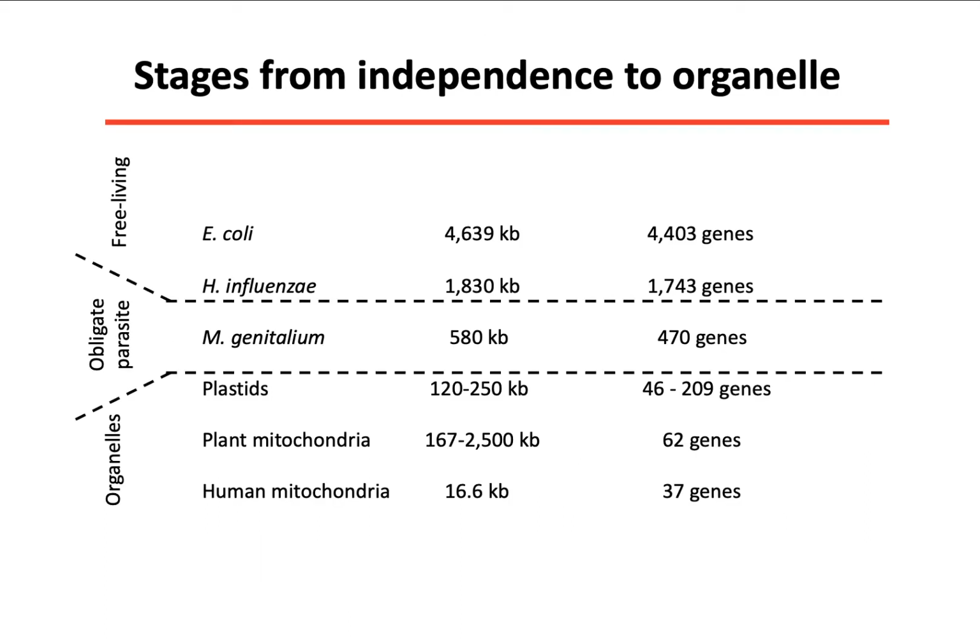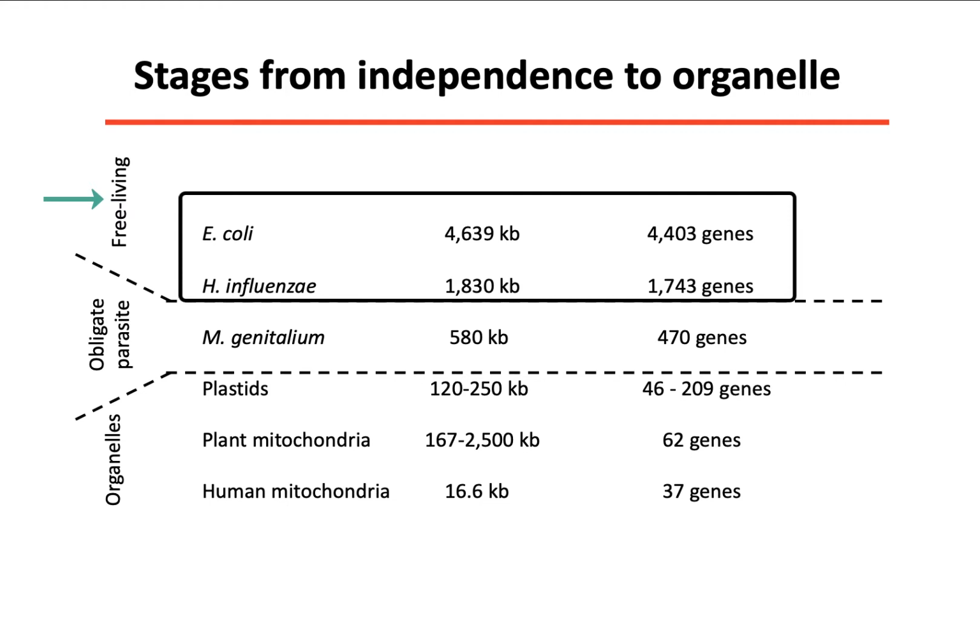So when genomes are examined, you can talk about free-living organisms such as E. coli and Haemophilus influenzae. They have fairly large genomes at 1.8 megabases and 4.7 megabases, and carry at least 1,500 to sometimes 4,000 and 5,000 genes.